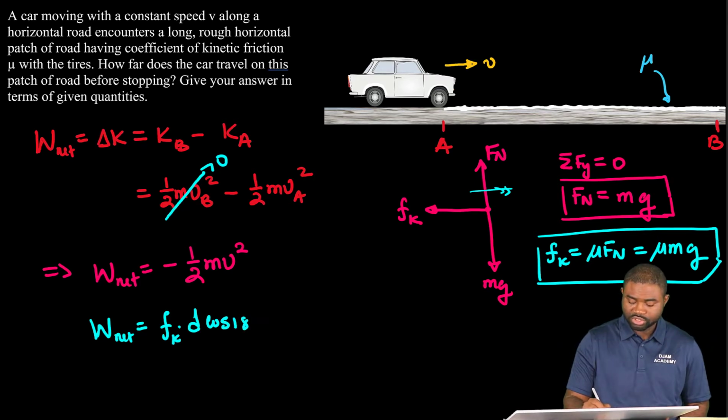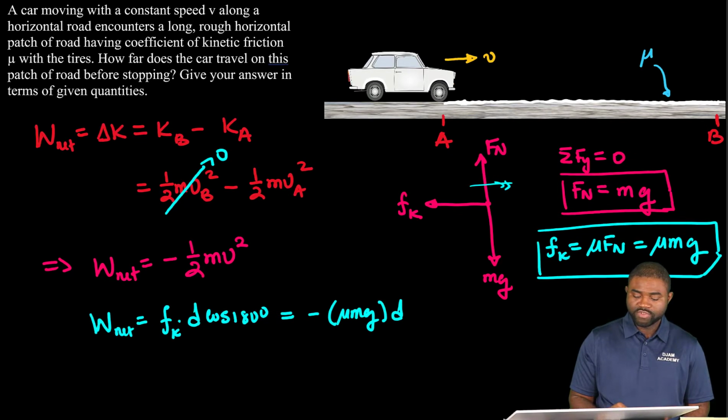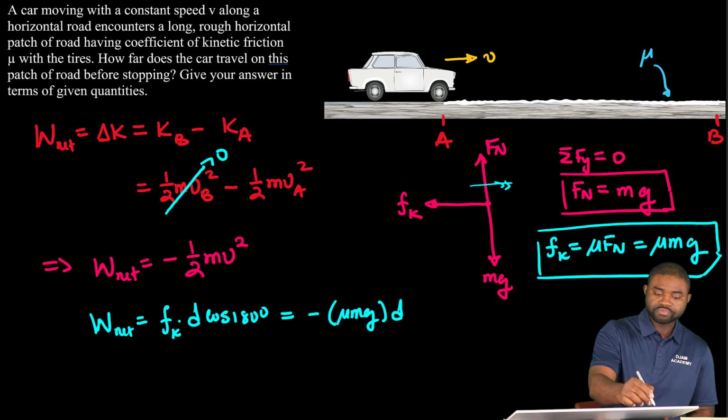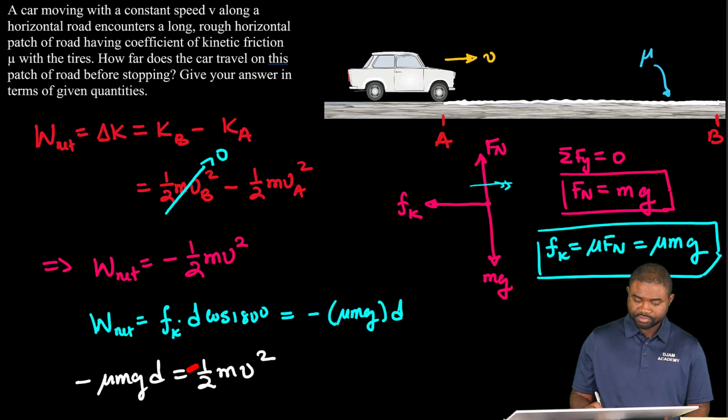And that will give us negative mu mg multiplied by d. And if that is the case, we therefore have negative mu mg d is equal to negative 1/2 m v squared.